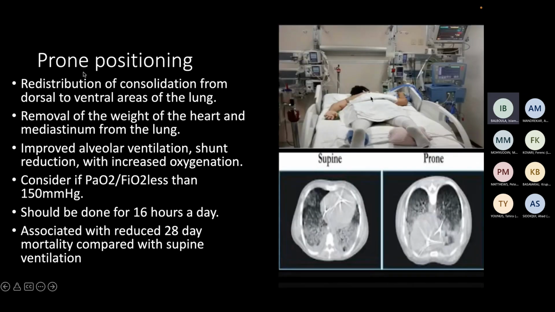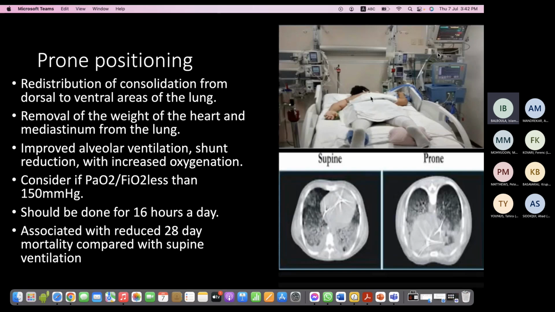Now we come to prone positioning. Prone positioning helps redistribution of consolidation from dorsal to ventral areas of the lung. This is the lung in the supine position, and this is in the prone position. As we know, the pathology predominates dorsally, and the ventral parts are less affected.